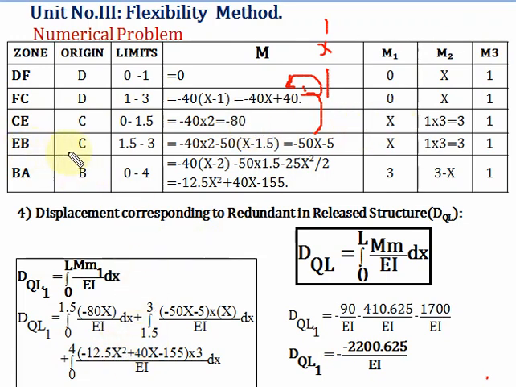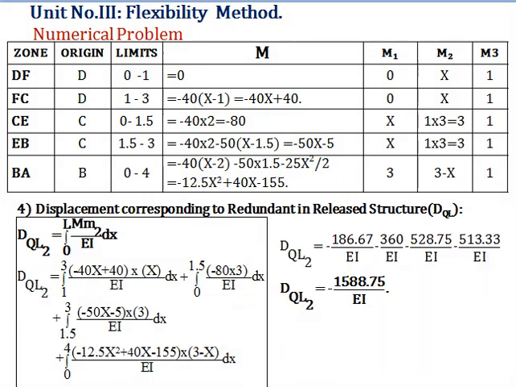So for EB, limit 1.5 to 3, minus 50x minus 5 into x, and for BA, limit 0 to 4, minus 12.5x square plus 40x minus 155 into 3. After solving this, we'll get the value of dQL1 equal to minus 2200.625 upon EI.